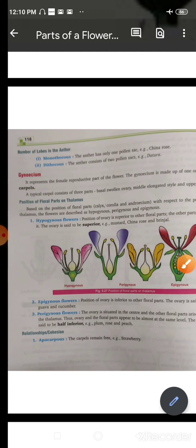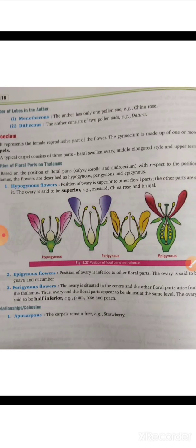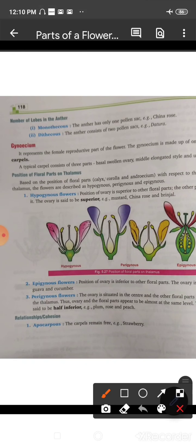So let's see, a typical carpel consists of parts: basal swollen, middle elongated style, and upper terminal stigma, right? So the basal part is the swollen part, then comes the tube-like style, and then comes the sticky stigma, right? So inside here are the ovules formed, right?